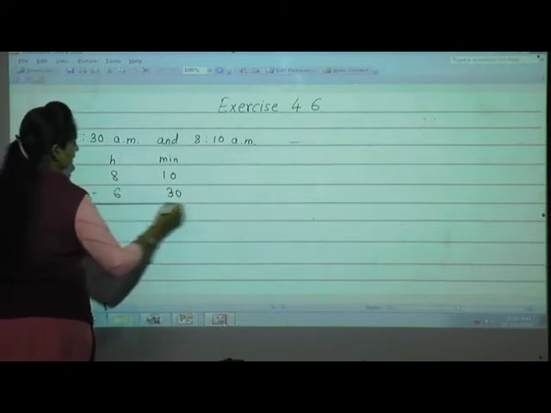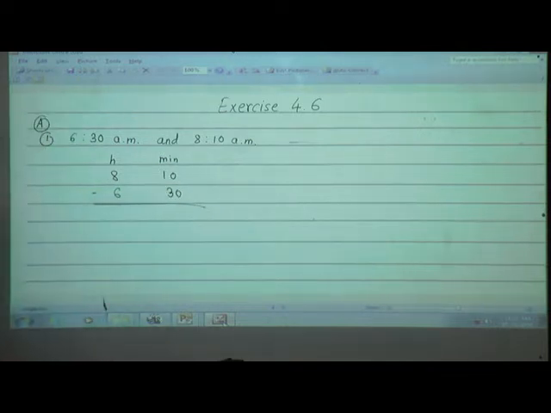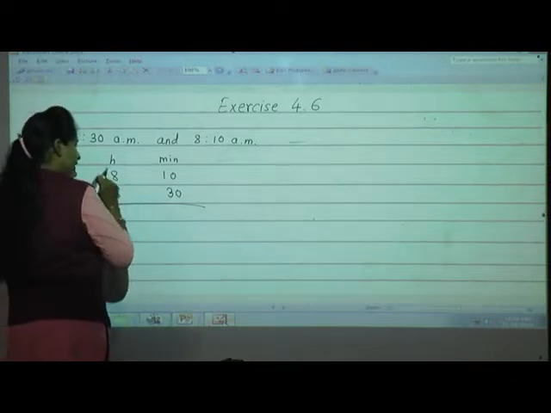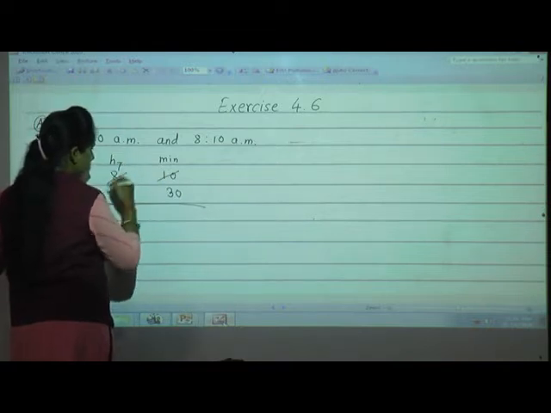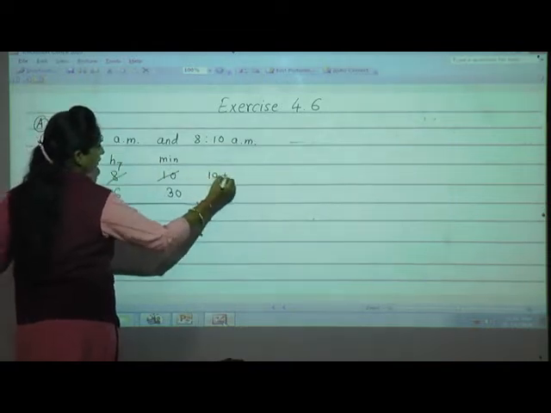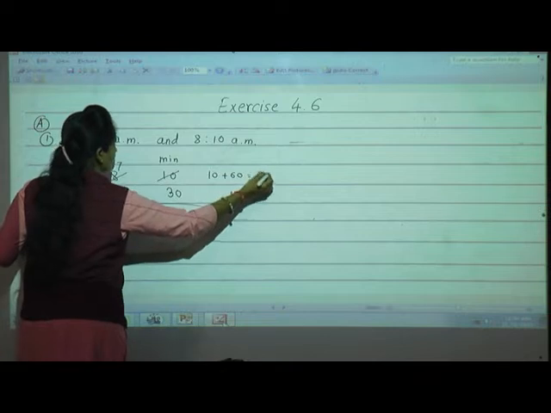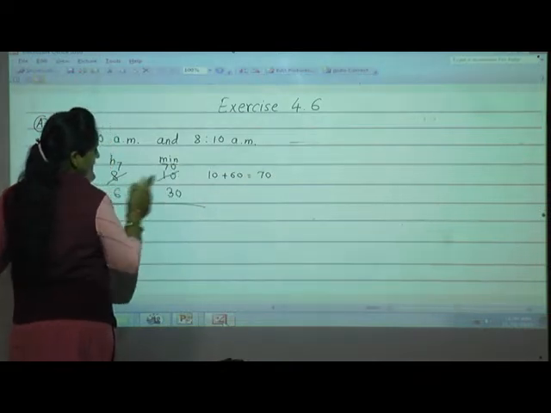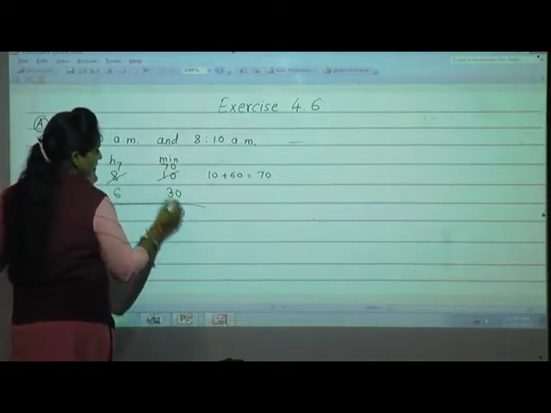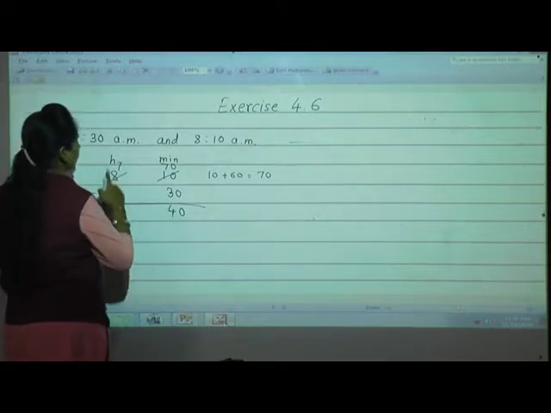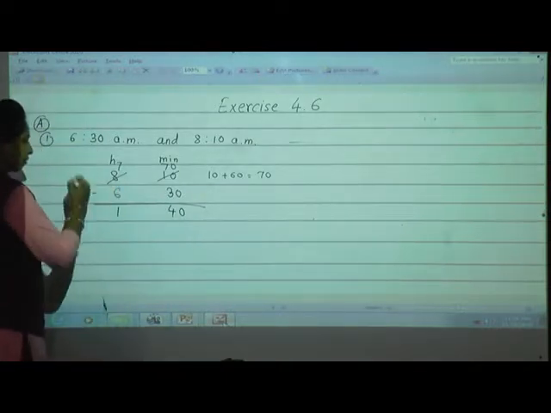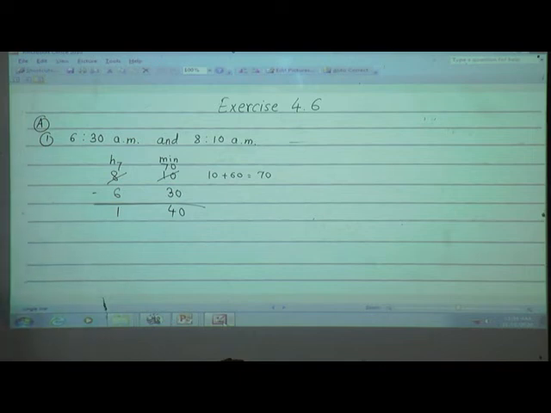Now we have to subtract here. Now 10 minus 30 we can't do. For that we have to take 1 hour borrow from the hours. So if he will give 1 hour, here what we have to add? 10 plus 60 is 70. So here we'll write 70. Now 0 minus 0 is 0. 70 minus 30 is 40. Now 7 minus 6 is 1. So what is the time interval between this?